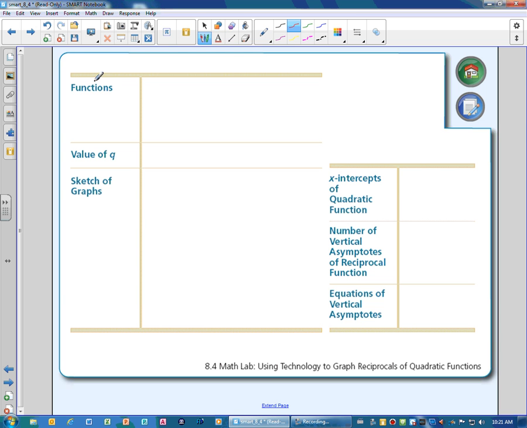Let's get my pen going here. y equals x squared plus 1 and y equals 1 over x squared plus 1. Okay, so we'll start with that. You've got a blank in your graph, and we'll start with that. So what would the value of q be?